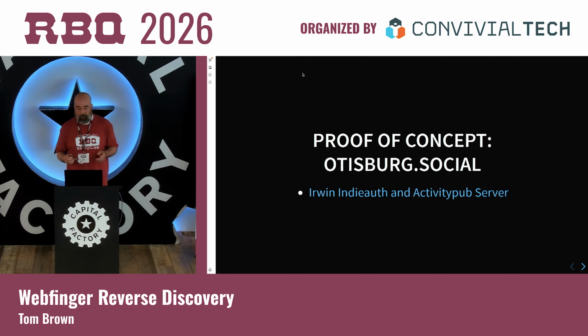So any person can, in theory, go to the site, register, and there's a form where they can provide their canonical domain, and that way, if they're like me, they have a Jekyll blog, they can point their Webfinger to otisburg.social, and they can have their own domain.